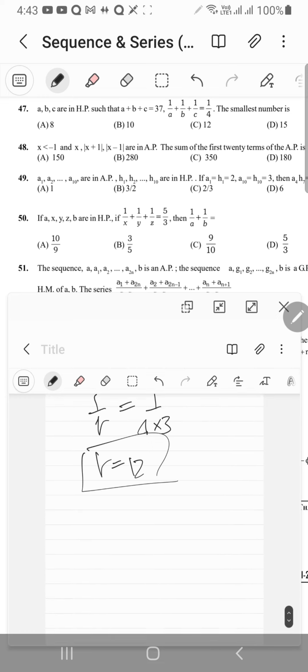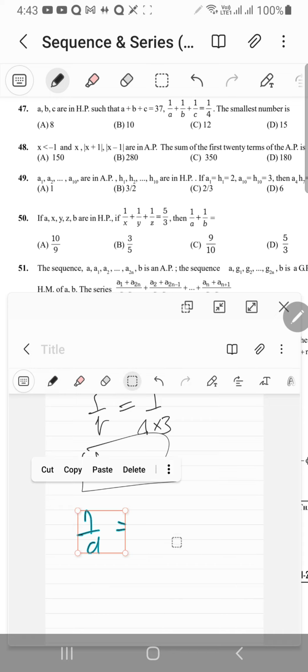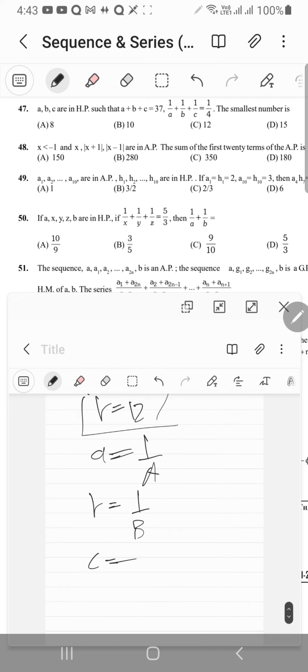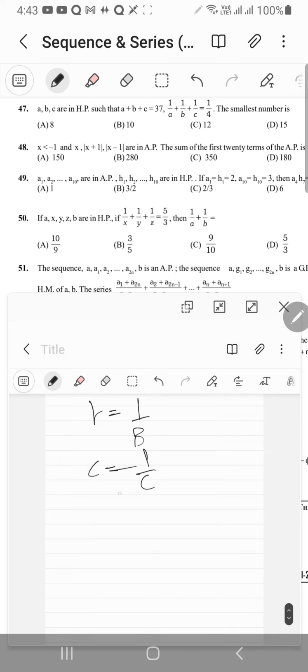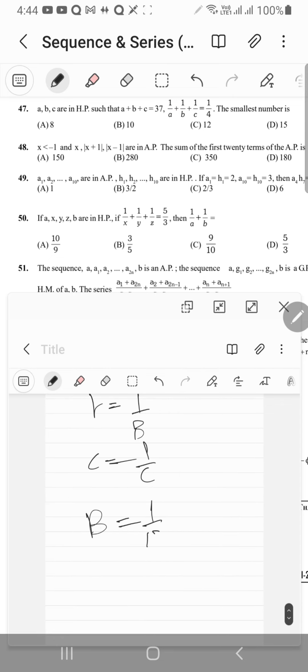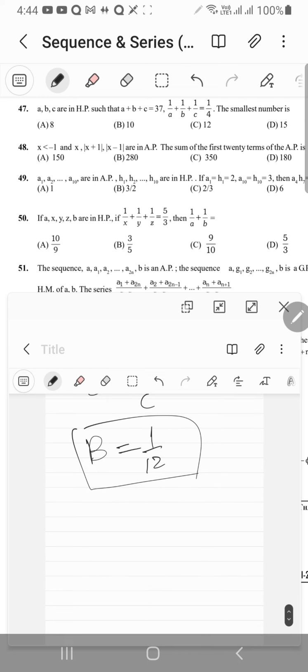So once again, doing the substitution, A is 1 upon capital A, B is 1 upon capital B, and C is 1 upon capital C. Doing that substitution, you just get capital A plus capital B plus capital C, and that gives us capital B equal to 1 upon 12. That's the first thing.